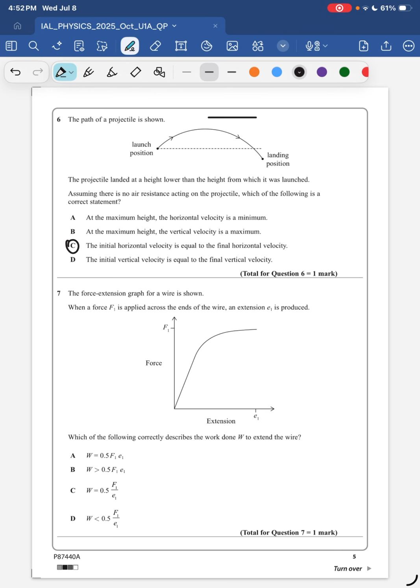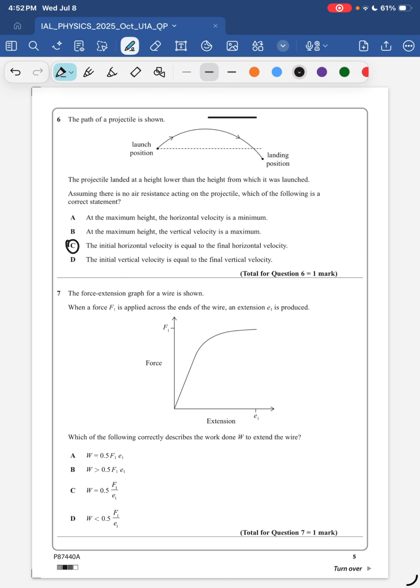Question 7. The force extension graph for a wire is shown. When a force F1 is applied across the ends of the wire, an extension E1 is produced. Which of the following correctly describes the work done to extend the wire?